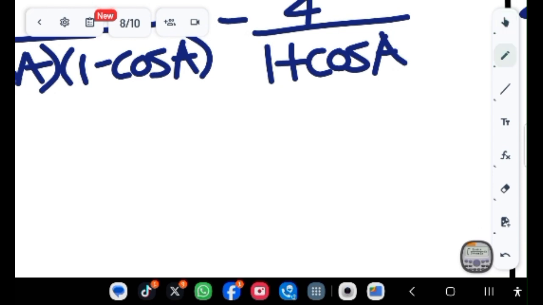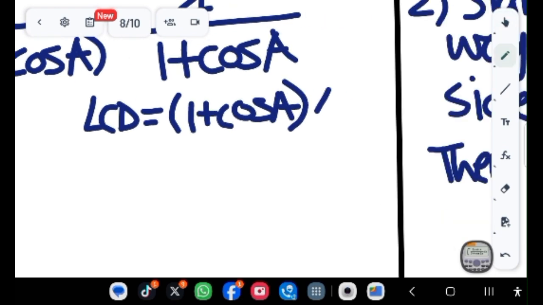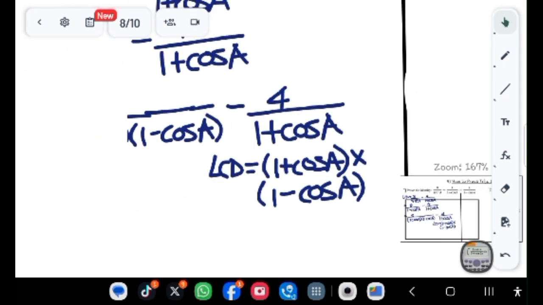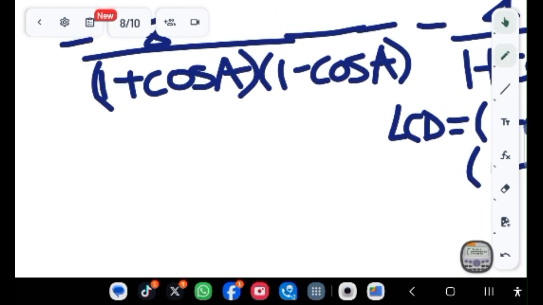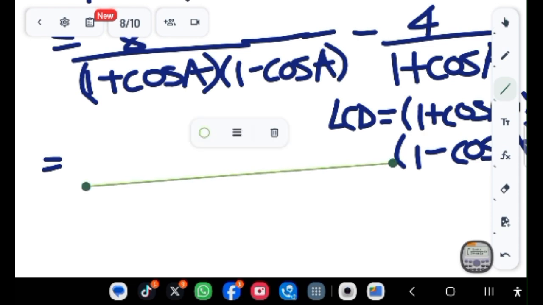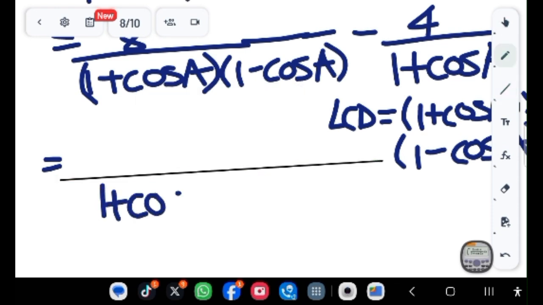So the LCD is simply 1 plus cos of A times 1 minus cos of A. Now what we do is multiply each one of the fractions by the LCD. First of all, we must have everything under the LCD. Right, there is the LCD: 1 plus cos of A times 1 minus cos of A.